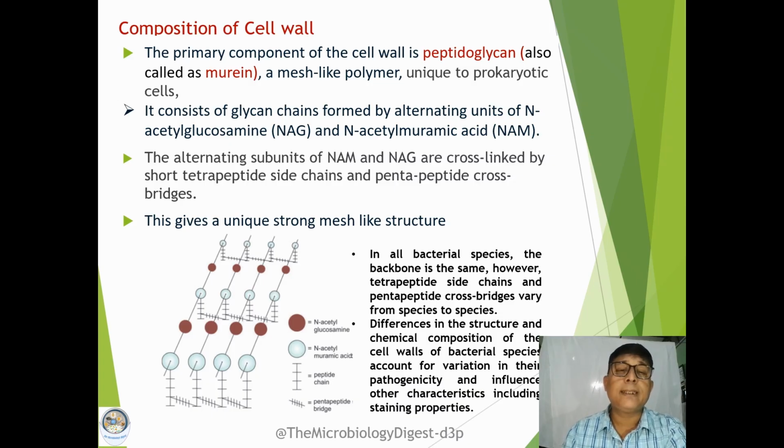These two side chains are cross-linked to each other by a pentapeptide bridge. This is a pentapeptide bridge. So this structure gives a unique, mesh-like structure which is present only in prokaryotes to form the bacterial cell wall. So what is the principal structure?